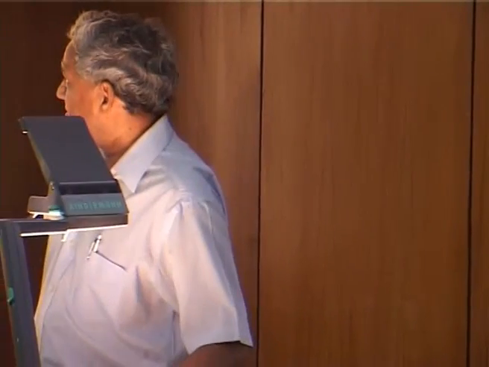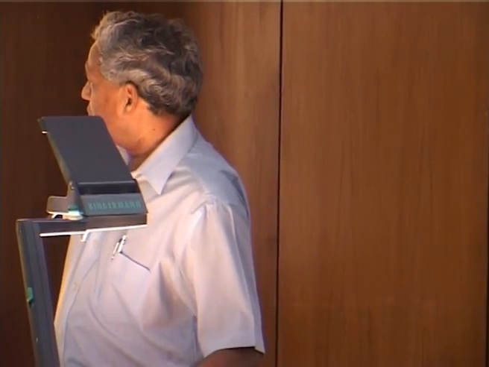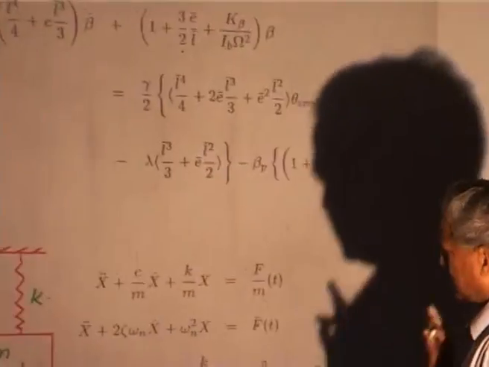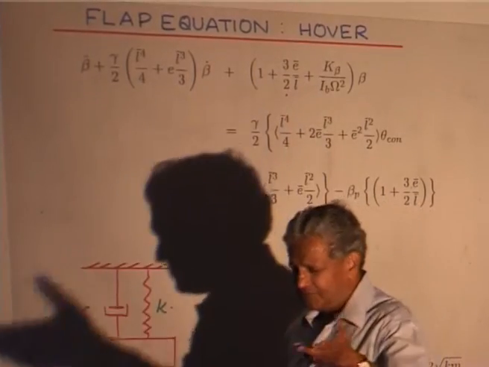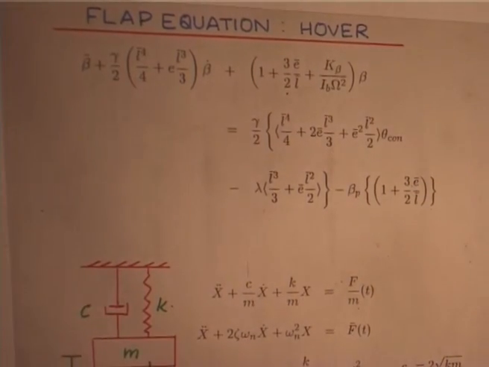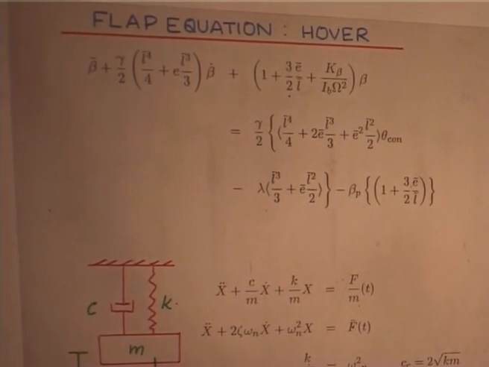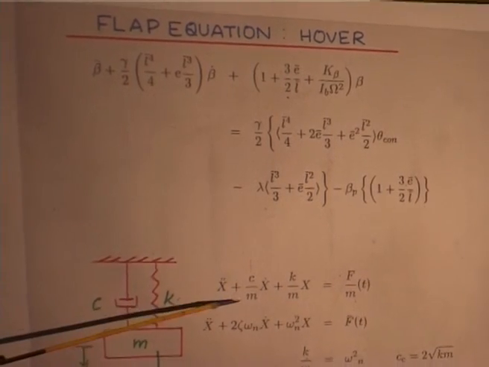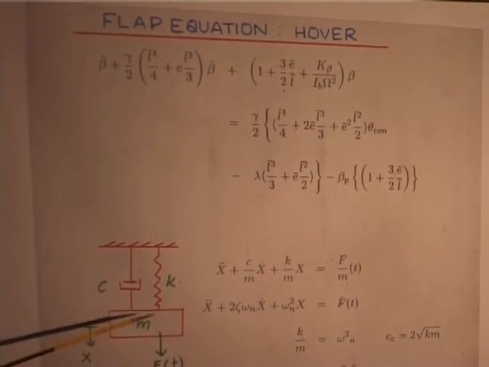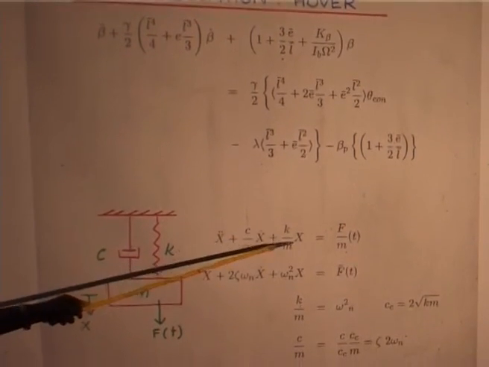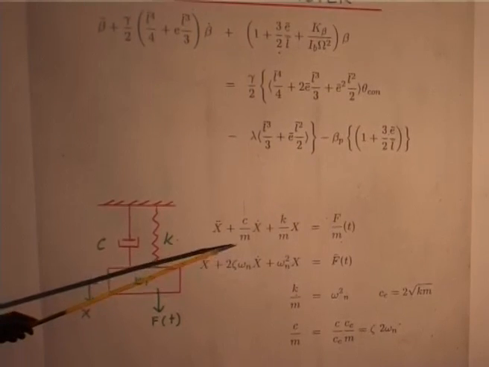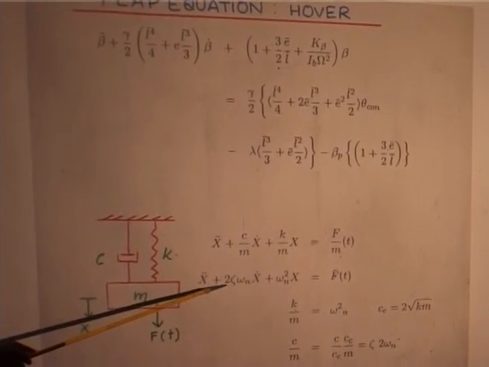So, I have given here essentially what I have written there, reduced to the hover case, of course, with the offset e etc. This is just for comparison. The frequency: you know that for a spring mass damper system, you will have x double dot plus c over m x dot plus k over m x, and the term c over m is 2 zeta omega n.